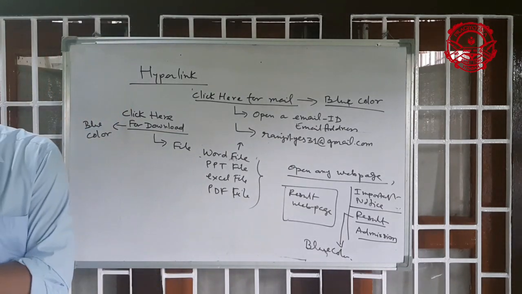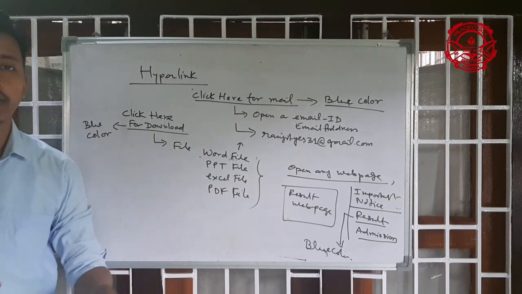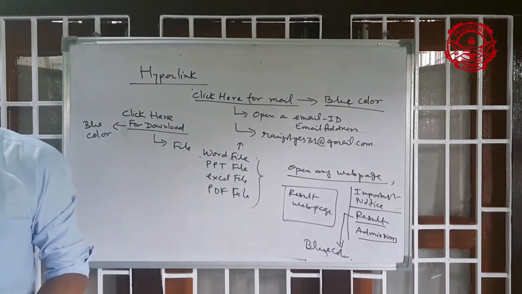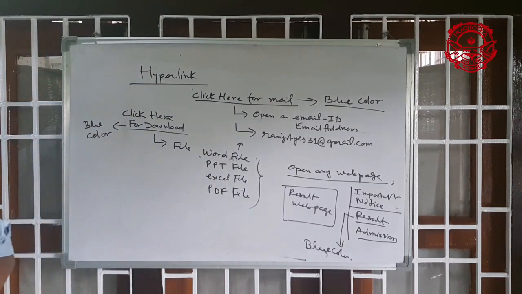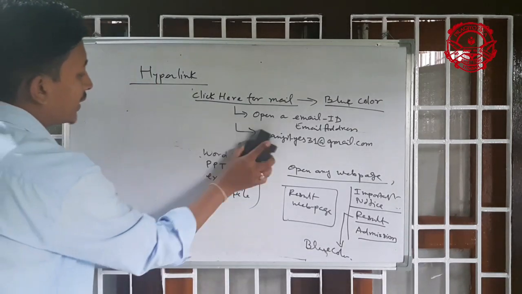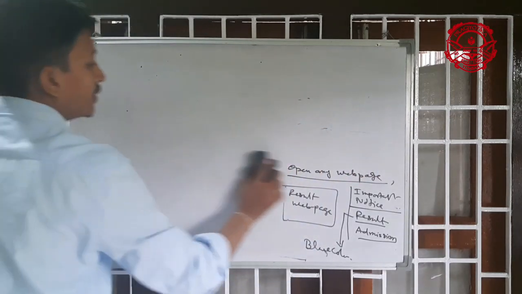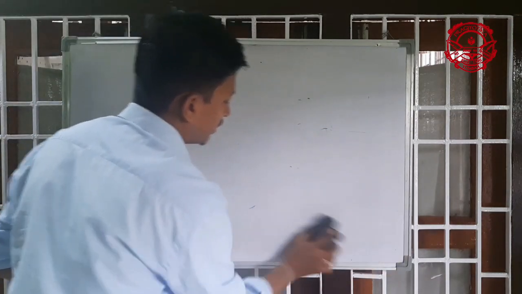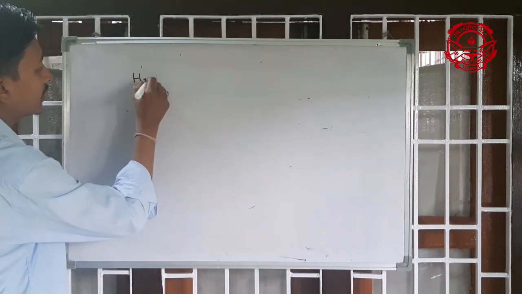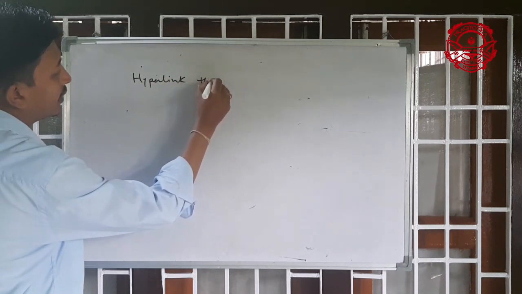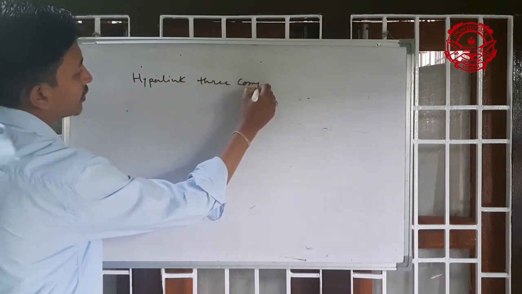Now see, in the hyperlink there are three components. You can see in the book, in the hyperlinks there are three components.